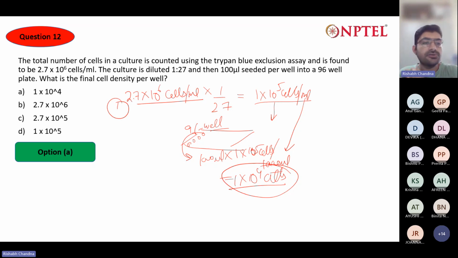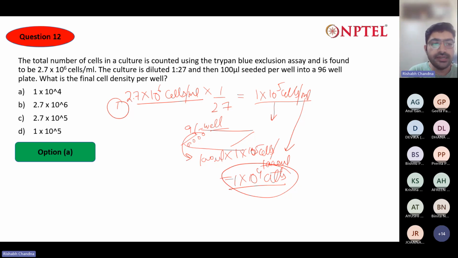We use a hemocytometer for cell counting, which we discussed in the previous lecture, and from that we calculate the number of cells that we have. Then, if we have to add 30,000 cells in one well, we add this much volume from the suspension into that well, so that it yields 30,000 cells in that well.